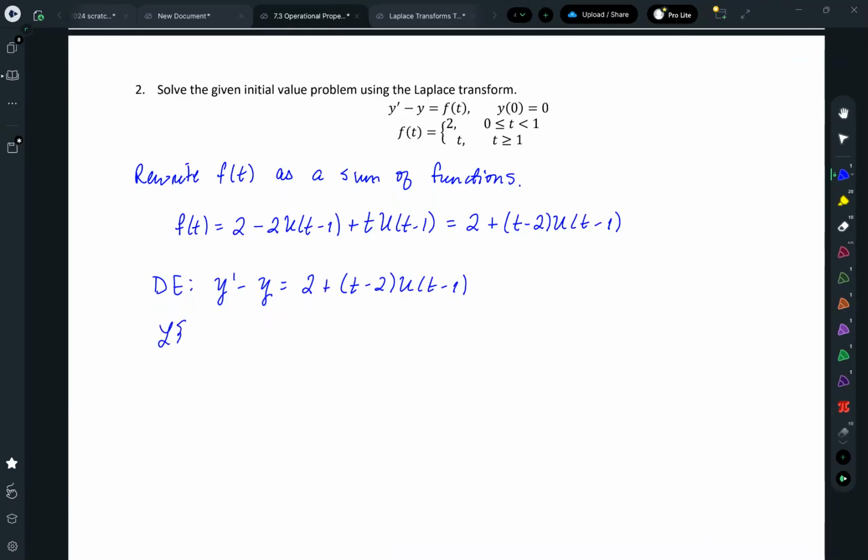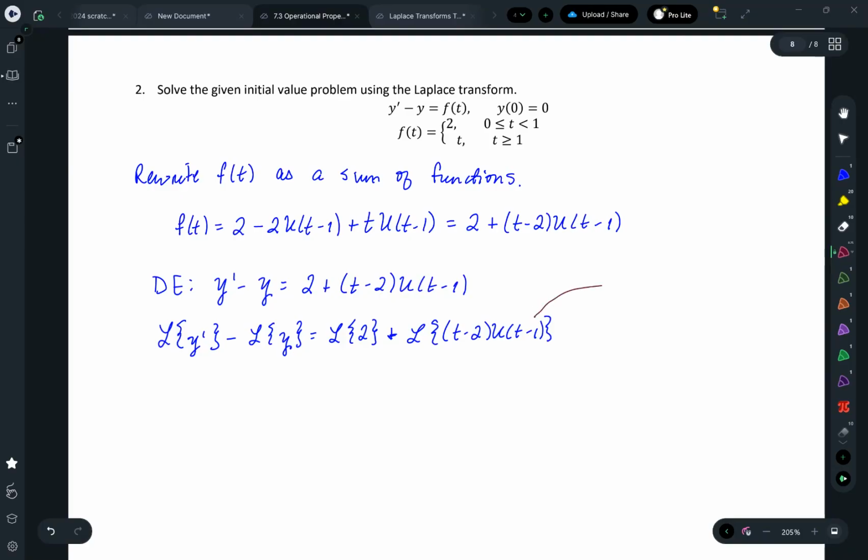So the Laplace of y prime minus the Laplace of y is equal to the Laplace of 2 plus the Laplace of (t minus 2) u of t minus 1. Now I want to make a point here that a is equal to 1, and we have f of t is equal to t minus 2. Let's find f of t plus 1.